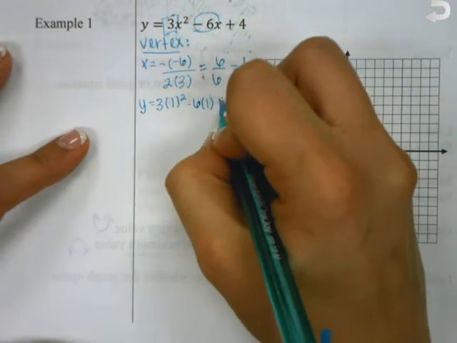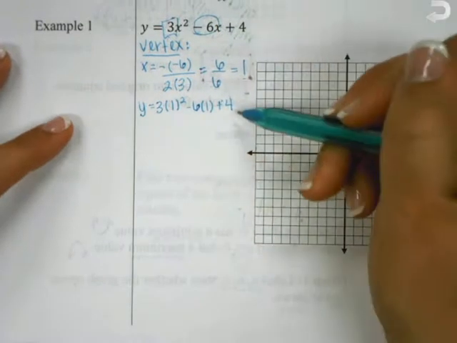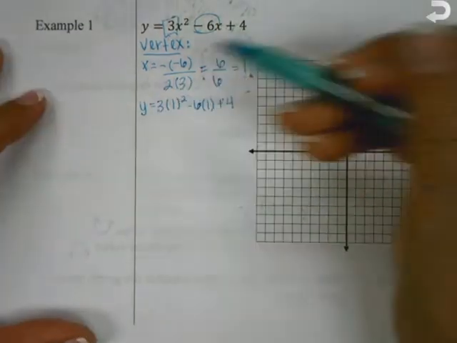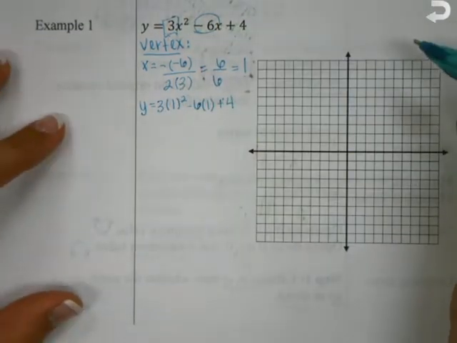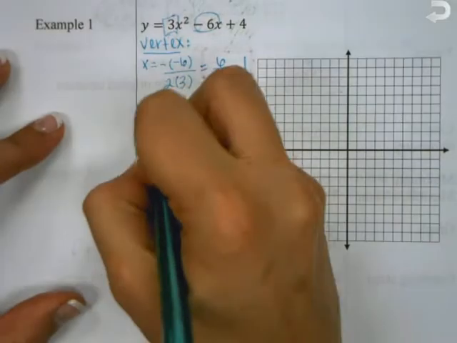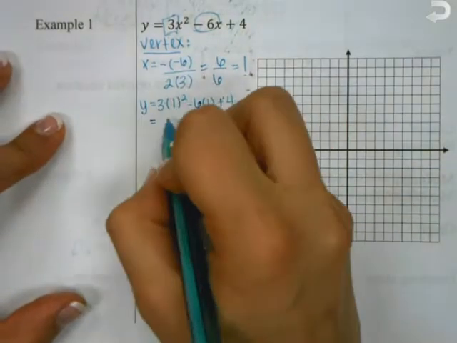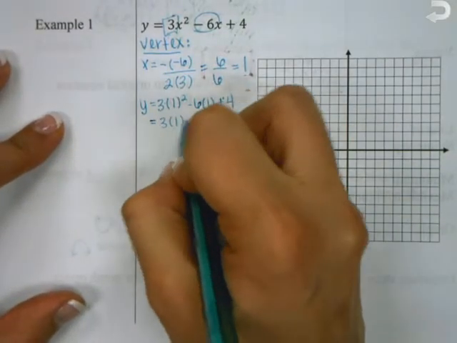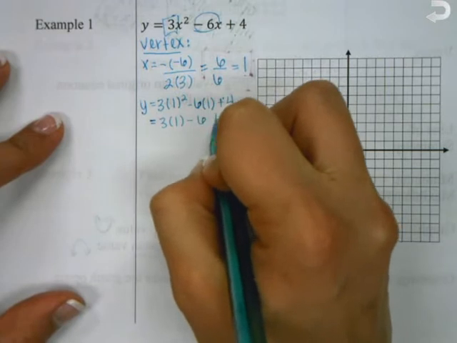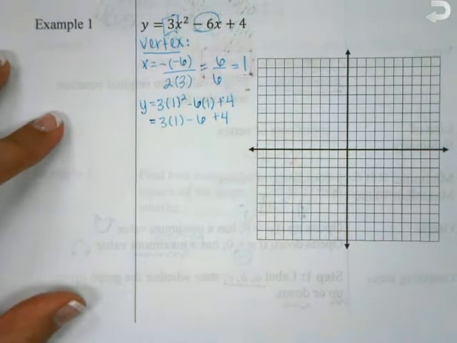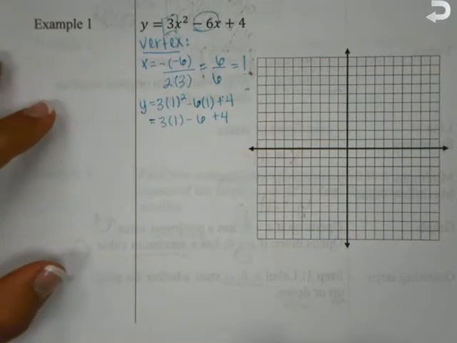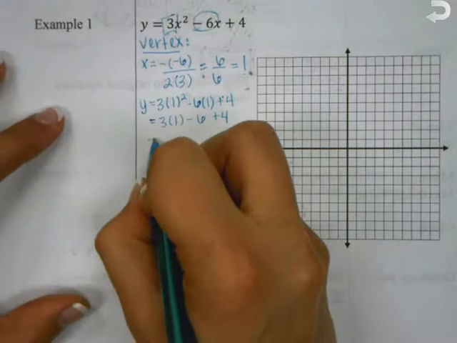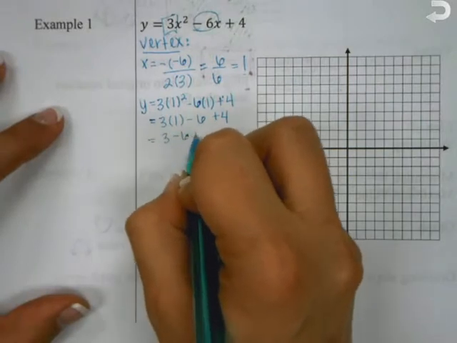So that equals, 1 squared is 1, so 3 times 1 minus 6 plus 4, which is equal to 3 minus 6 plus 4. 3 minus 6 gives me negative 3, and negative 3 plus 4 is positive 1.